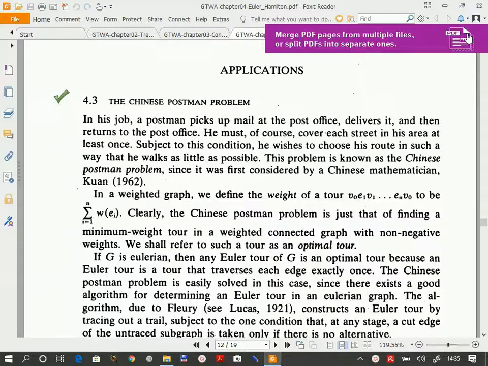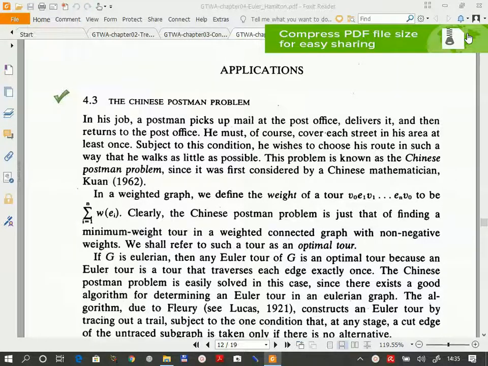I've gone through this street, I have delivered the post on this street, then I go somewhere else, I prefer not to go through the same street without delivering, okay? And so, the optimal thing would be to have an Euler tour.